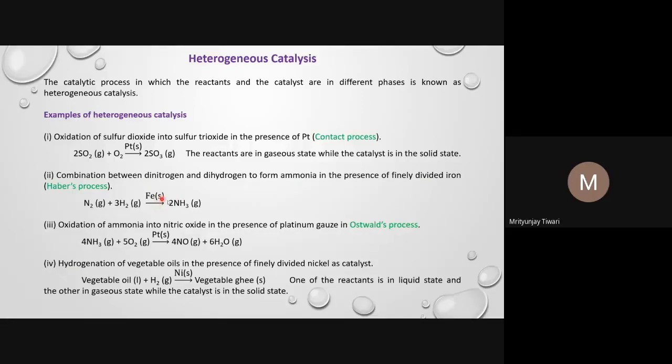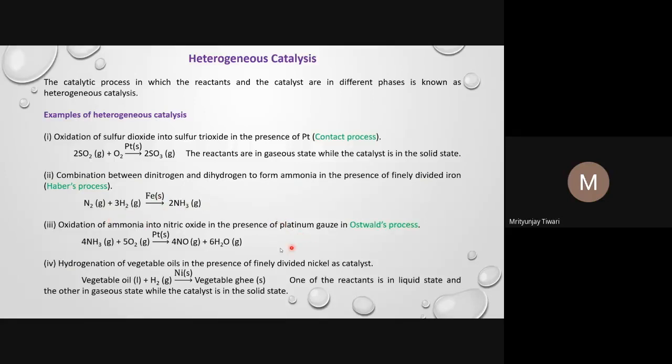Even though it is finely divided, each small particle is a solid. So the catalyst is in the solid state and the reactants are in the gaseous state. The Haber process, where ammonia is formed from nitrogen and hydrogen in the presence of a solid iron catalyst, is an example of heterogeneous catalysis.